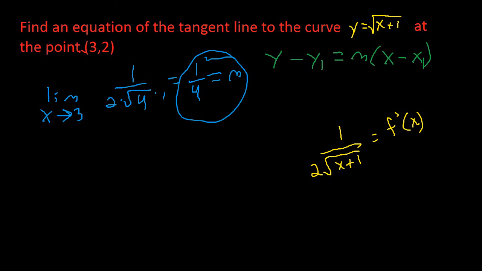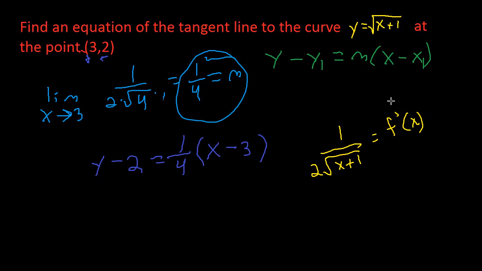Now what we're going to do is just plug in all the data for this equation of a line, and that'll give us our tangent line equation. So we have y, subtract y1. y1 is going to be 2. So y minus 2 equals, then our m value we found to be 1/4, so 1/4 multiplied by x, subtract x1. x1 is going to be 3, so we put a 3 here.